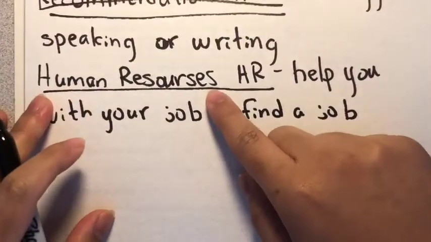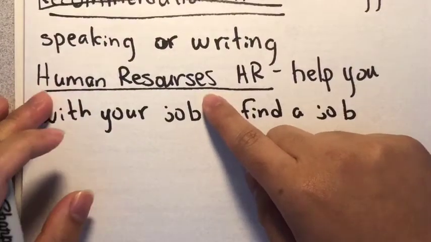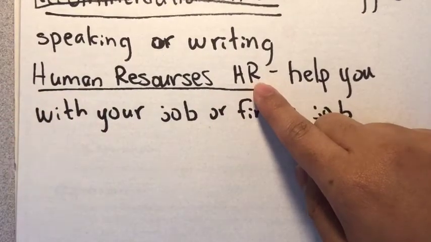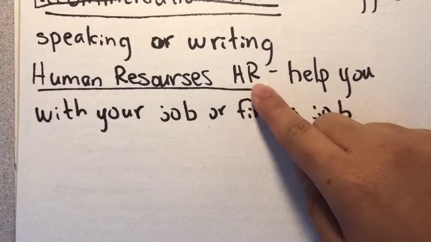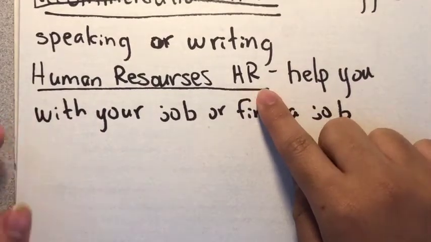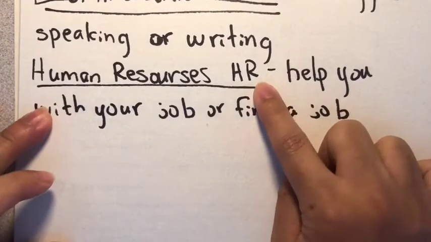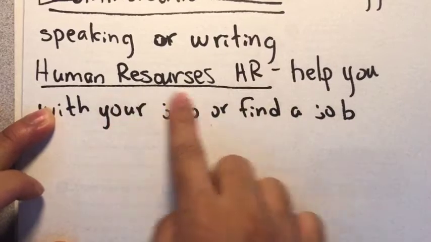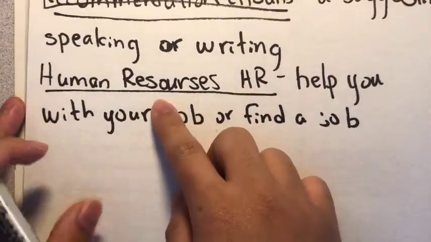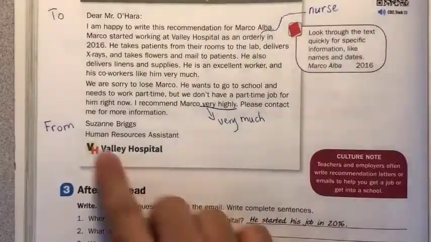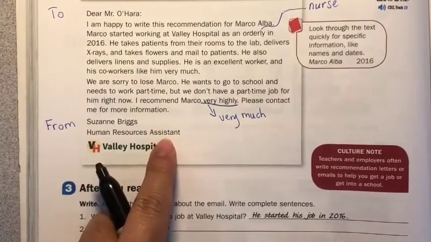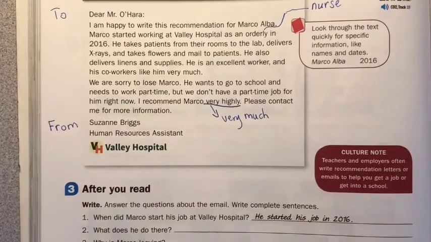So human resources are people who make sure you're happy with your job. And then if you're sick, you can call human resources to say, hi, today I'm sick. Can I get my sick leave today? Or here's my doctor's bill. Or I need unemployment insurance. I need help. So you call HR, your human resources. Or if you need to find a new job, you also call your human resources assistant. A human resources assistant helps you find a new job or helps you fix problems at your job.